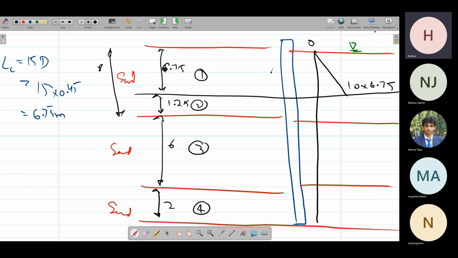The length of the critical depth is 6.75. So afterward, this is 67.5. We know that after critical depth, the stress becomes constant. So simply we'll move like this, and at the bottom it is again 67.5. At each layer it would be simply 67.5, constant. So we have determined these stress values.